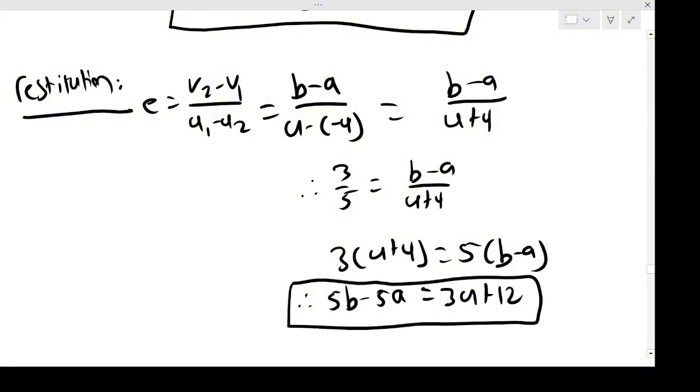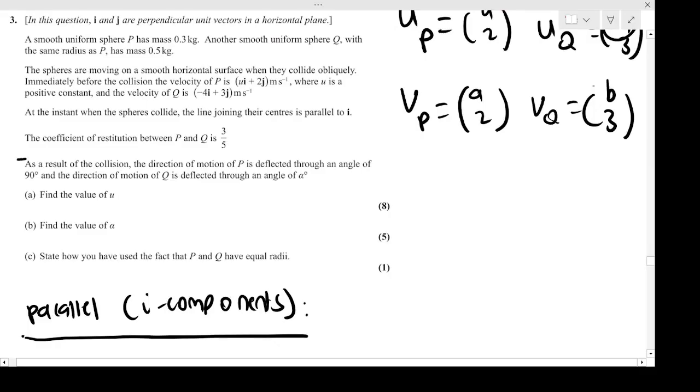Now, I'm not going to be able to solve these equations here because you'll notice I have a third variable U involved. So I need to actually look back at the question, but hopefully happy so far. Again, I'm just doing the standard techniques, the standard equations. So I'm told this stuff about angle deflections. I'm told for P, the direction of motion is deflected through an angle of 90. So that's telling me my angle deflection is 90 degrees. It's perpendicular.